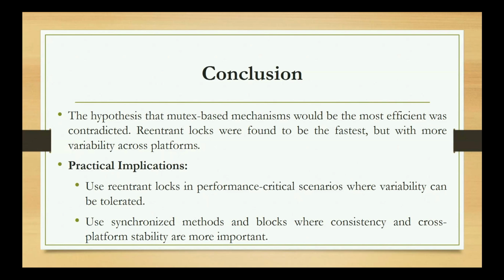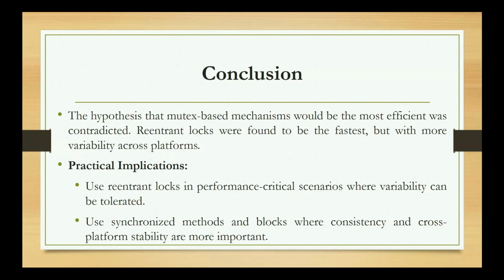Practical implications for this would be that for application developers, they should consider that for applications where raw performance is critical and where variability in execution time is acceptable, reentrant lock offers the best performance. However, you should be aware of the higher variance across different platforms.